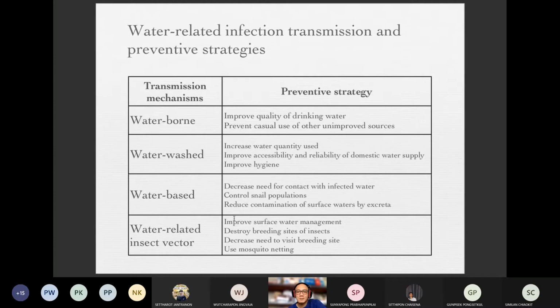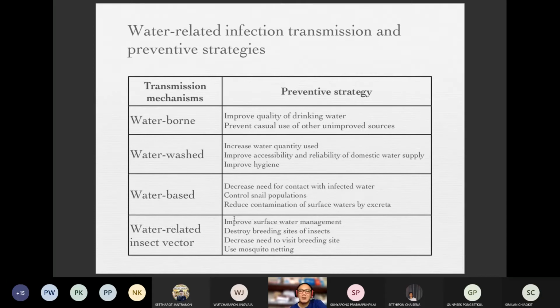So improve accessibility and reliability of the domestic water supply. If you're living in Bangkok, you're lucky because the water supply system is very reliable. There are a few times that I could see they temporarily stop supplying, but mostly they can supply water 24 hours continuously.